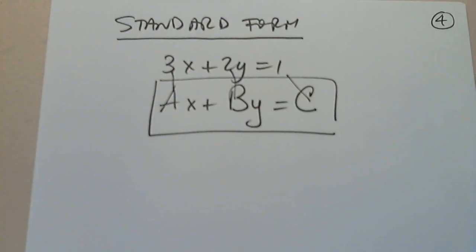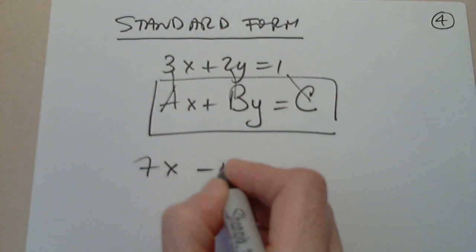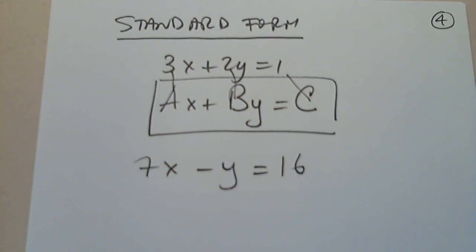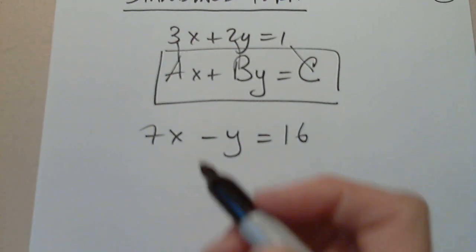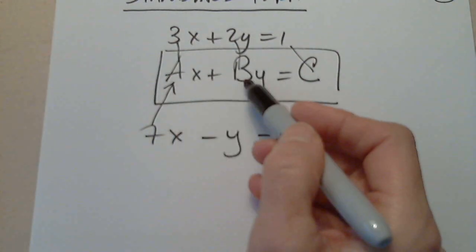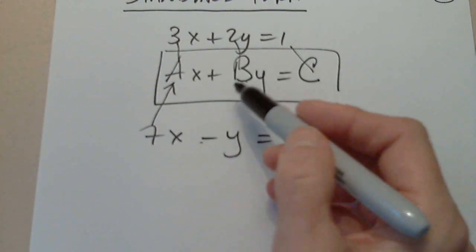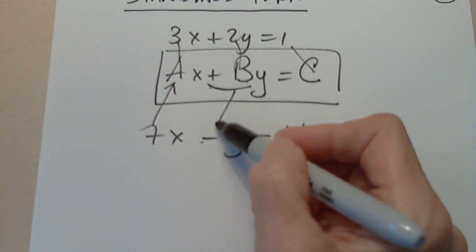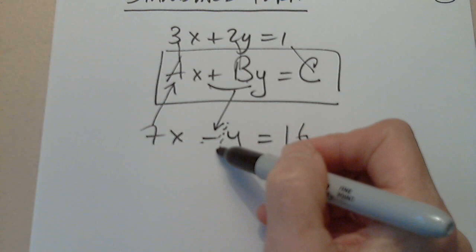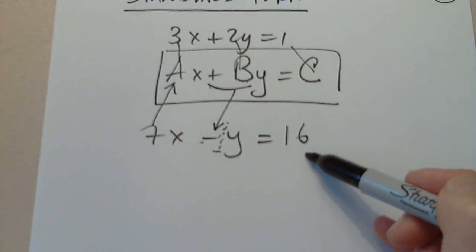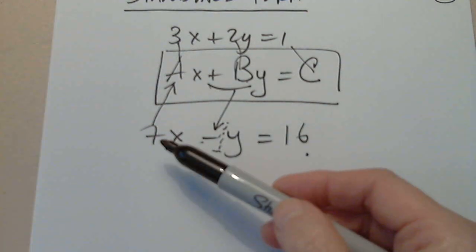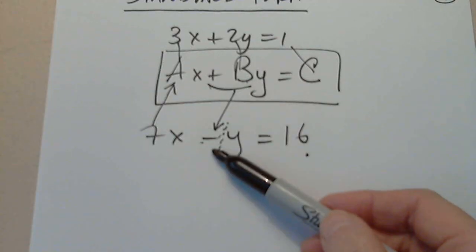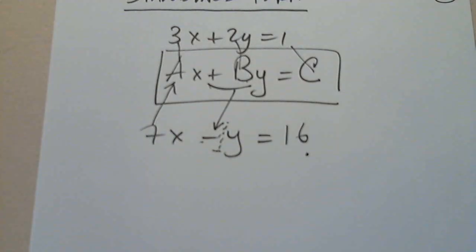In this example that they have here, which is 7x minus y equals 16, this equation is in standard form, where a is 7. Of course, the numbers are taken with a sign in front, so b is negative 1, and c is 16. So they will ask you to enter for a 7, for b negative 1, and for c 16.